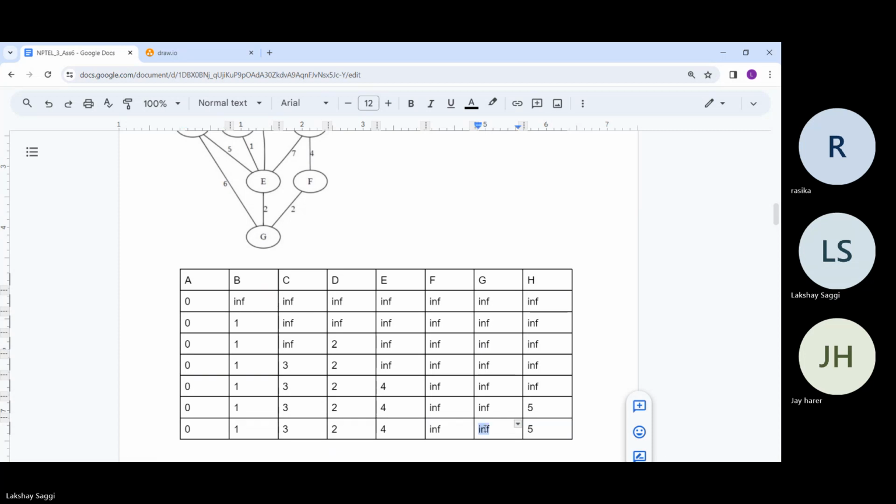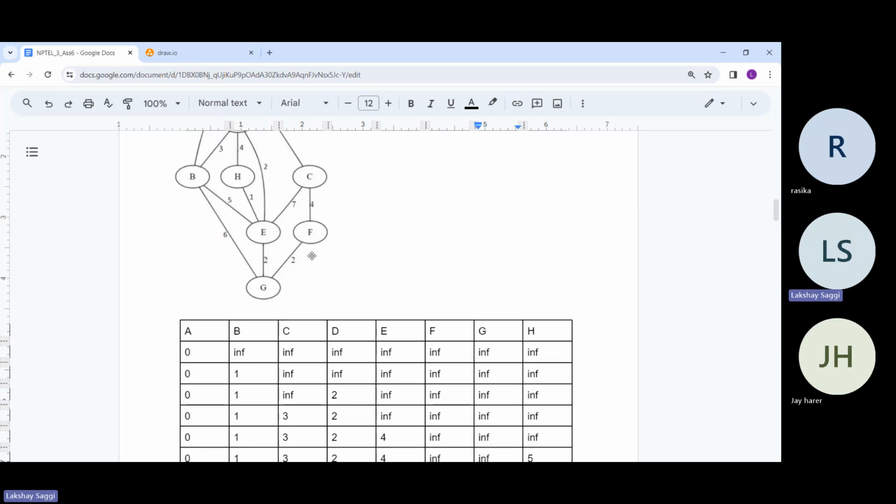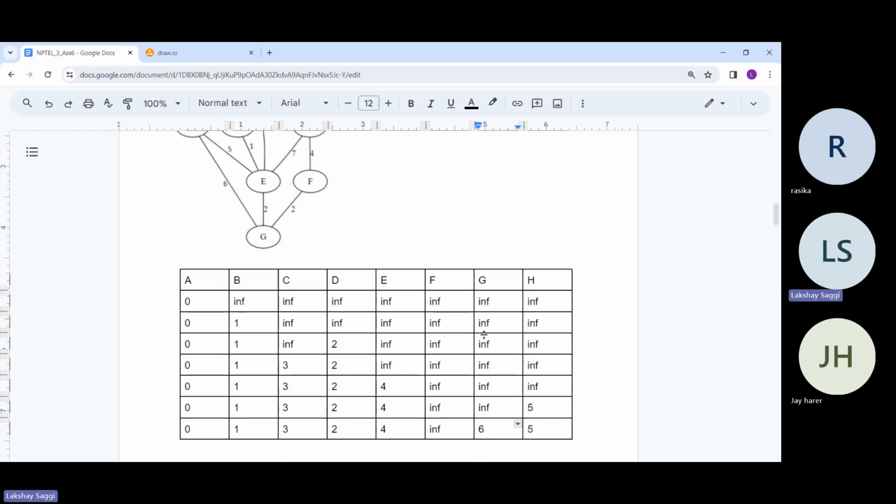And now comes the last vertex F, and we need to fix its distance. F has an edge of length 2 from G. G already was at a distance of 6, so via this G to F edge, F will have a distance of 6 plus 2, which is 8.